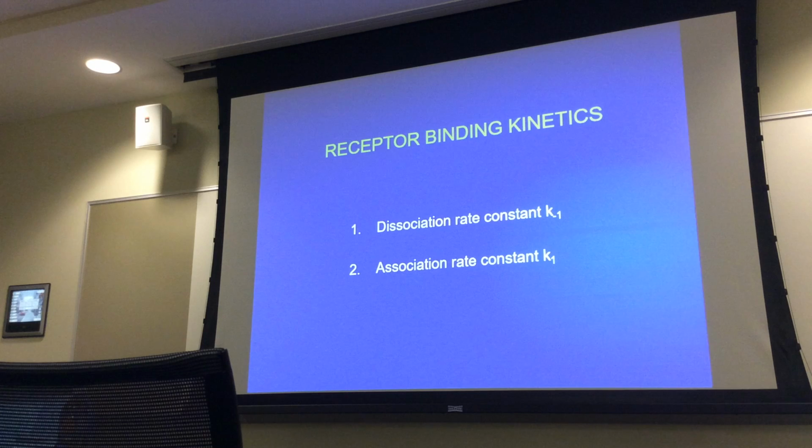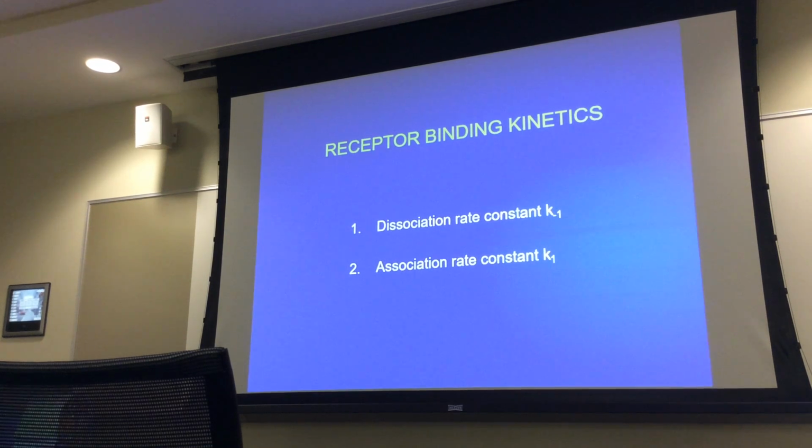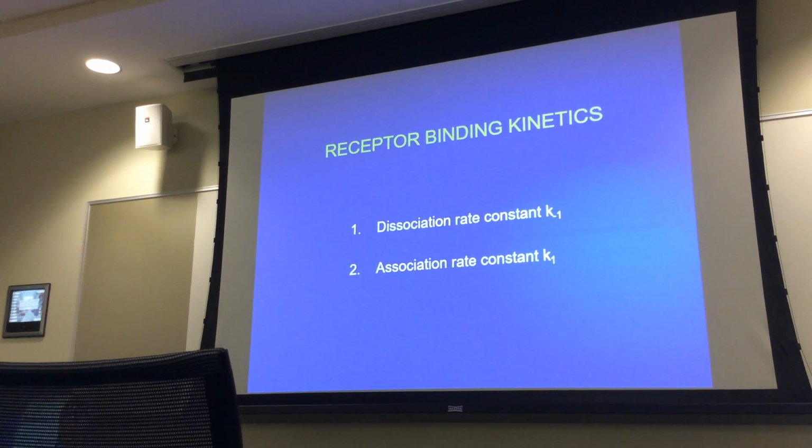Remember, we did a time course, and you saw that as you increase the association of the radiolabeled drug with the receptor, there's initially a very rapid association, and then as the reaction proceeds, more and more of the drug receptor complex becomes dissociated until eventually you reach an equilibrium where the on rate is equal to the off rate. And so all of the equations and all of the discussions we had last time made the assumption that we were in equilibrium.